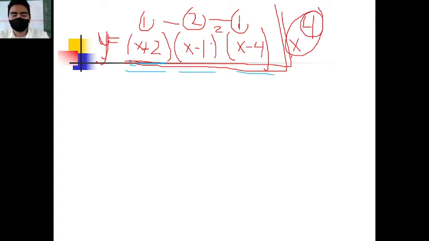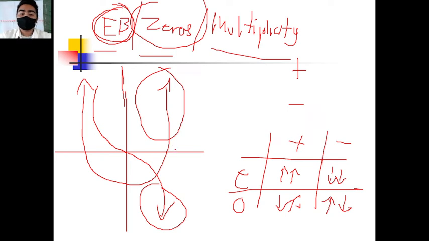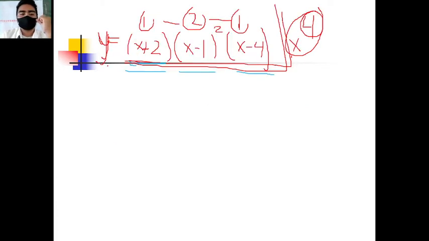My question is, is it even or odd? It is even. So, we said that in our table, if it's even, both ends of that graph are showing most likely upwards or downwards, isn't it? But this is the question. From the factors that we have, we only have positive x.